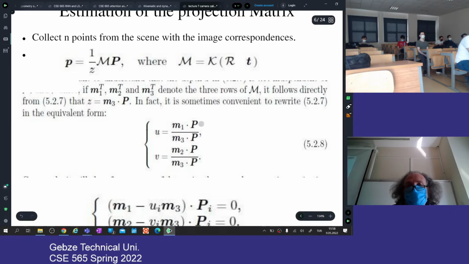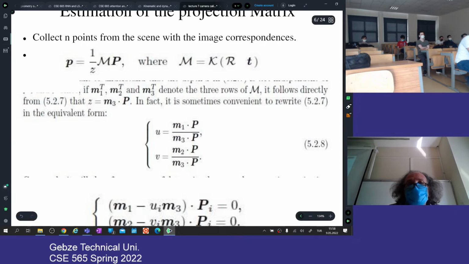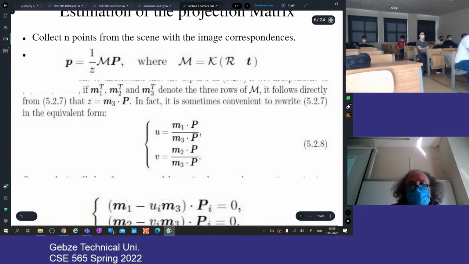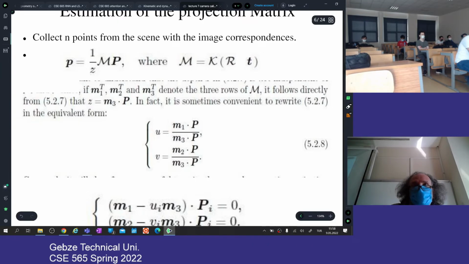Multiply P with the first row of the projection matrix and divide it by the third row, which is that Z. You get the U component of the image coordinate system. Do the same thing: multiply P with the second row of the projection matrix and divide it by M3P.